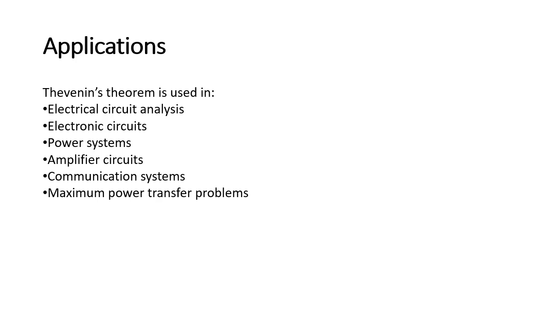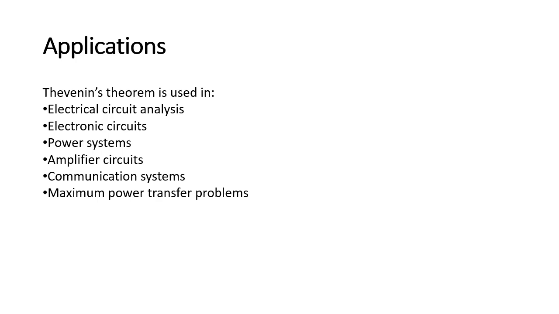So RTH and VTH need to be found out, and there are some procedures for the calculation of VTH and RTH. For finding out RTH, the steps are: we have to remove the load resistance, short circuit the voltage source, open circuit the current source, and finally measure the resistance across the load terminals, which is the Thevenin's resistance.